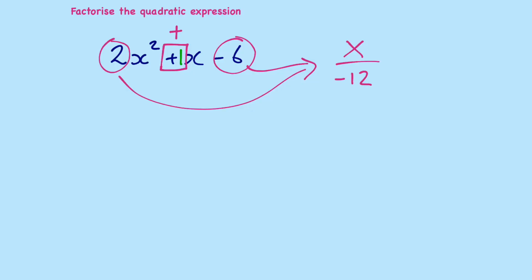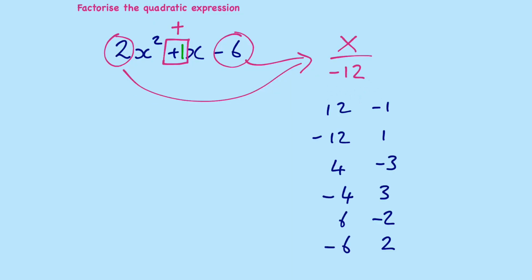So let's start off by listing the factor pairs of minus 12. As you can see, there are 6 pairs which will multiply to give me minus 12, but only one of those pairs will satisfy the condition of adding to give me plus 1. And that pair is 4 and minus 3.